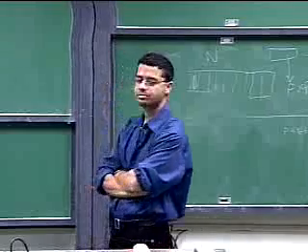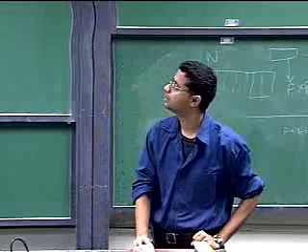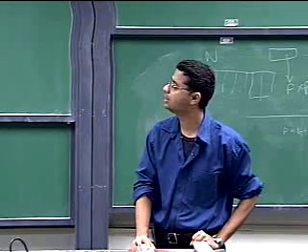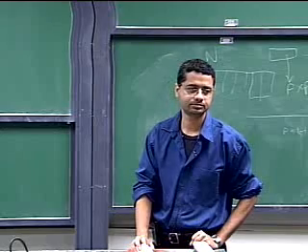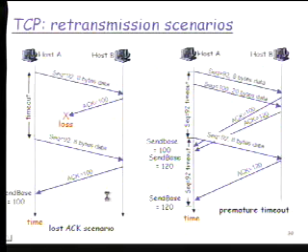So this is the pseudocode of the behavior of the TCP sender. Again, the three events: data received from application, timeout, and acknowledgement received. The pseudocode explains what steps are taken for each of the three events. The retransmission scenarios are shown in this slide.